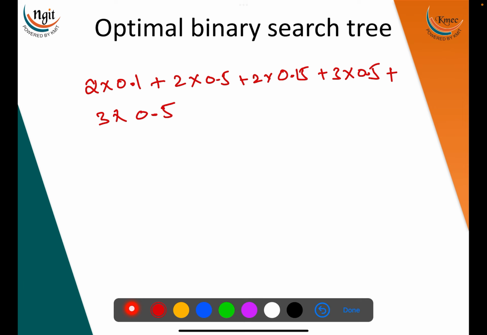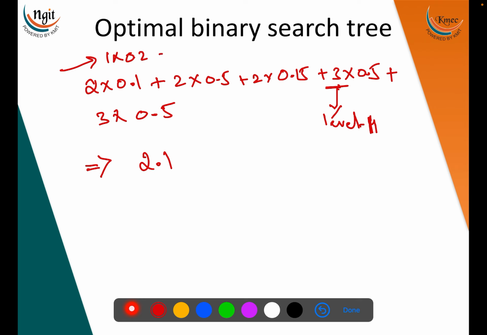Here I wrote 3, which is level minus 1; it seems to be level 4, but what we take is level minus 1, which is 3. So finally, if you calculate, you will get 2.1. The successful nodes start with 1 into 0.2 plus 2 into 0.1 plus 2 into 0.1 plus 3 into 0.2, plus the unsuccessful nodes.